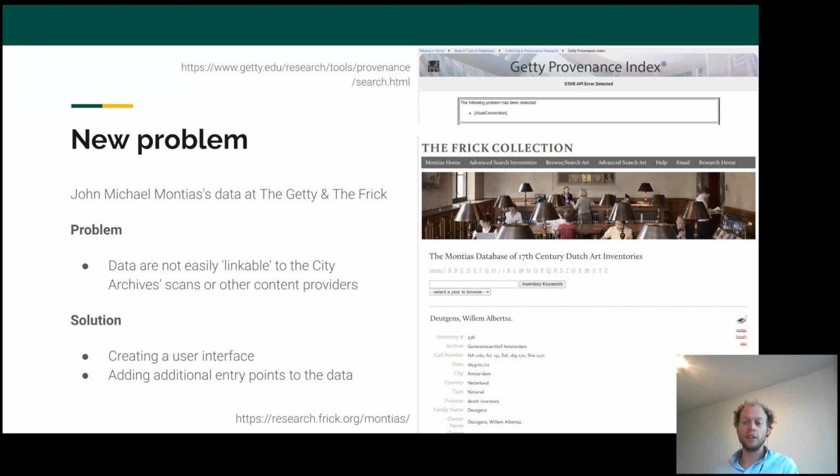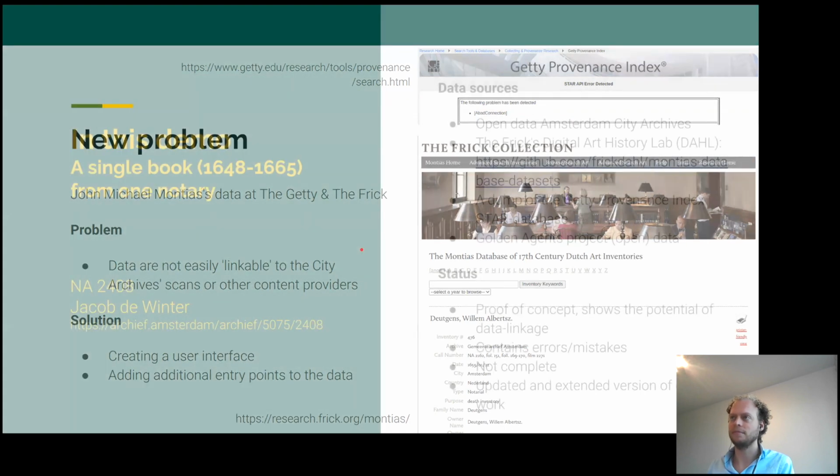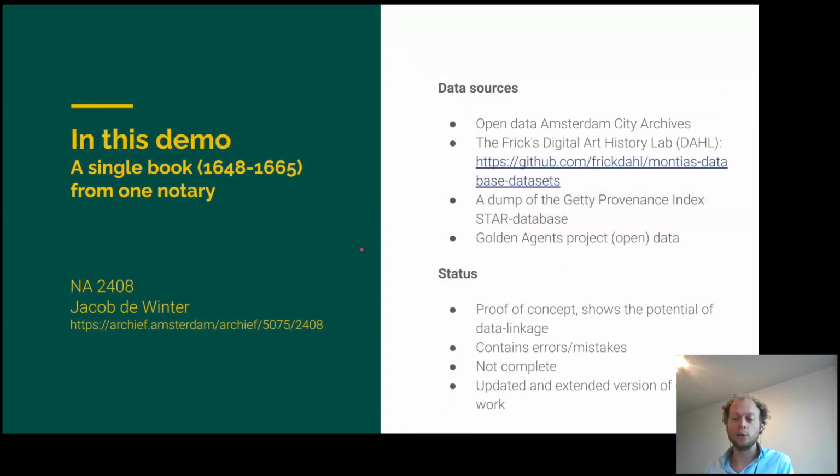So a solution for this is that I create a user interface that brings this material together, and I quickly convert this data so that it can be integrated in the interface. In this demo, I'm going to show you the example of a single book or single collection from one notary, Jacob de Winter, that is kept in the Amsterdam City Archives.